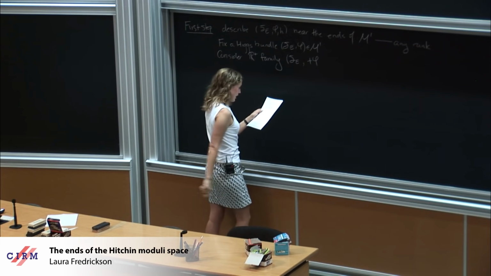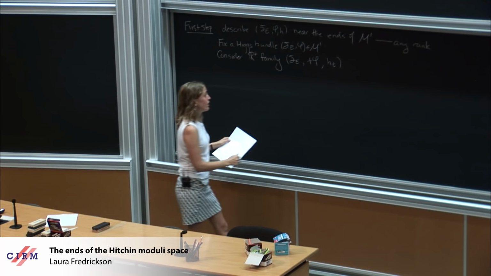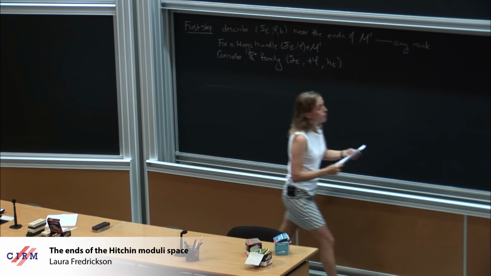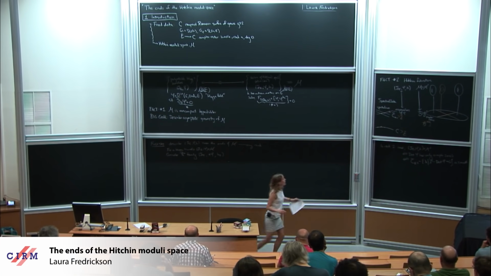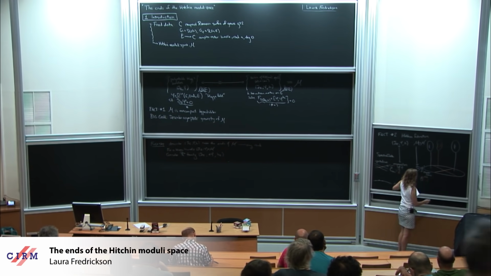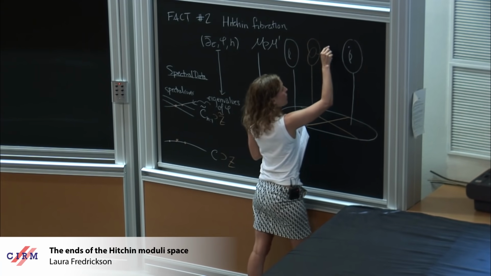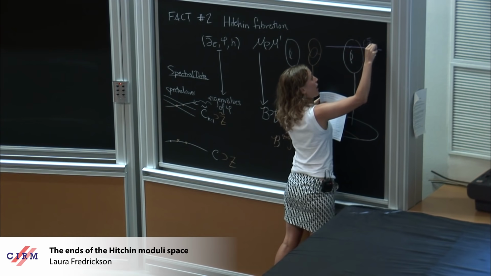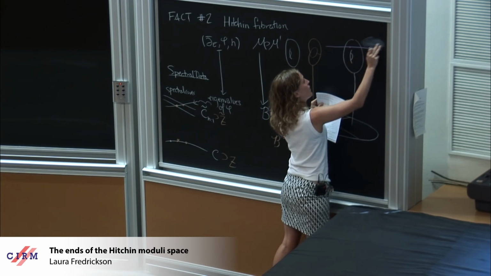where we just scale the Higgs field up by T, and we're going to consider the associated solution of Hitchin's equations, the Hermitian metric HT. So over here in this picture, here's our array.